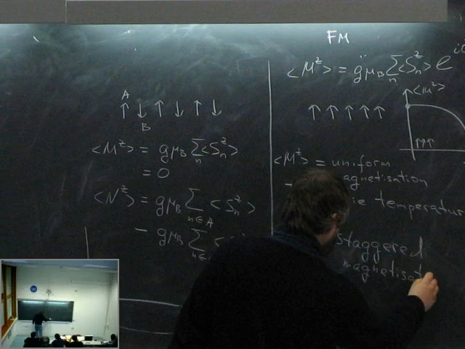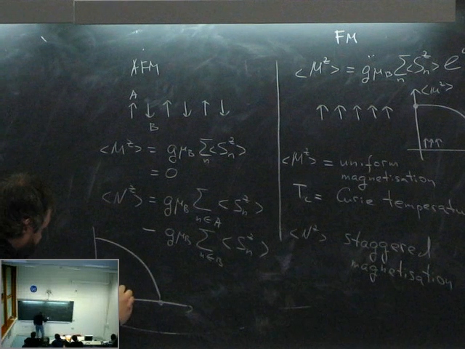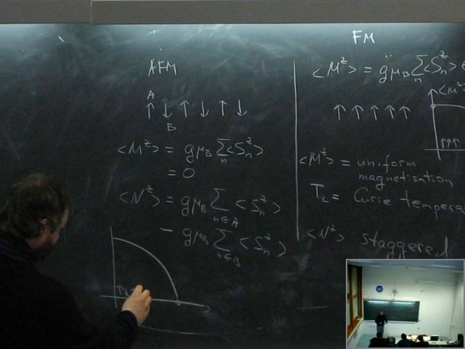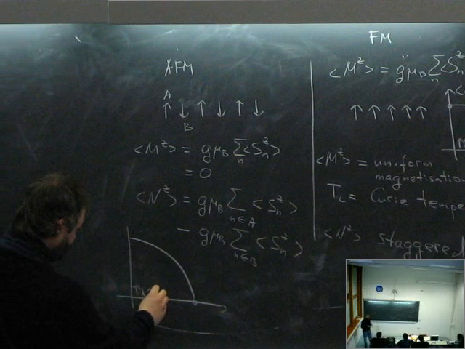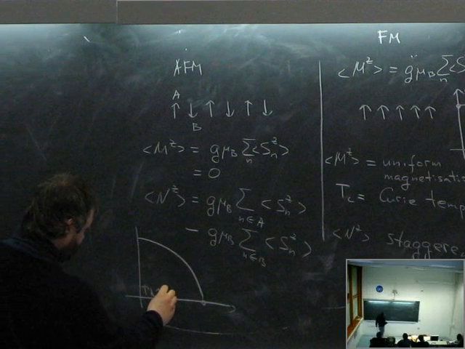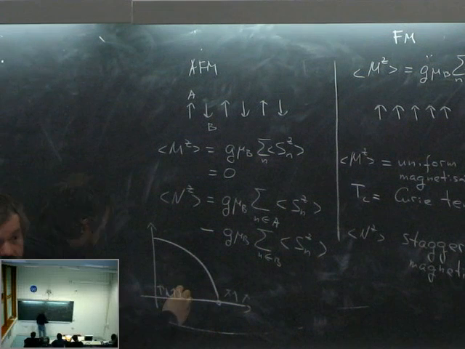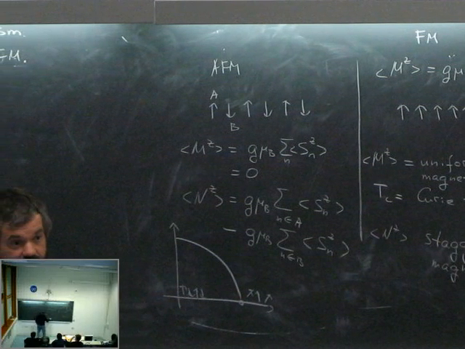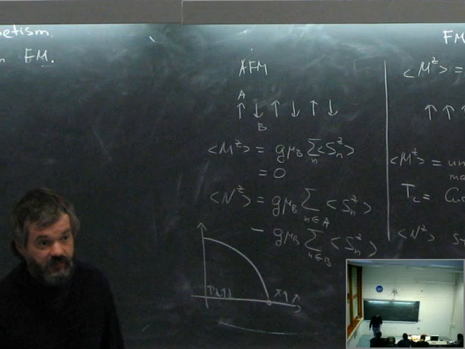Namely, it is non-zero below some critical temperature, and at very low temperature, the system wants to be aligned in such a way that two sublattices form magnetization being parallel but different in sign. But above Tc, the system is disordered, and both uniform and staggered magnetizations are equal to zero. So this point, which is a critical point, historically people call Néel temperature.